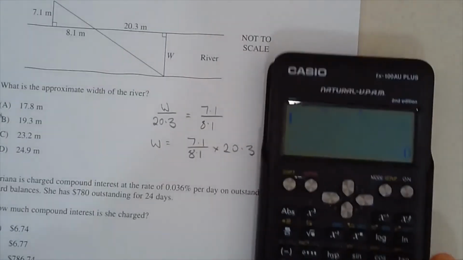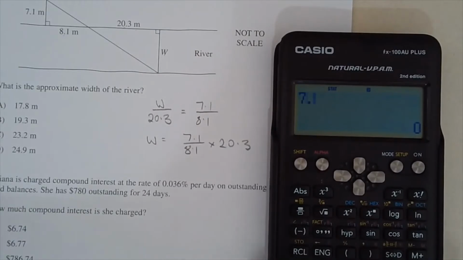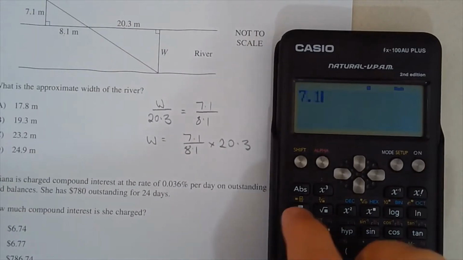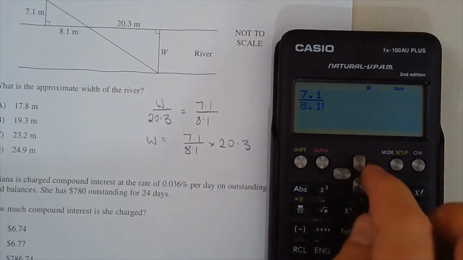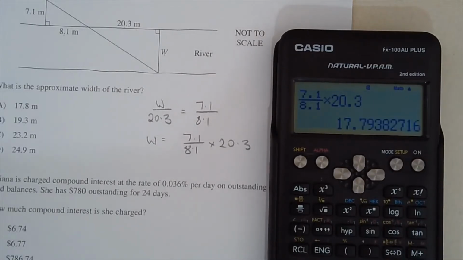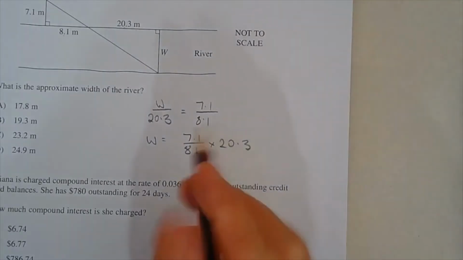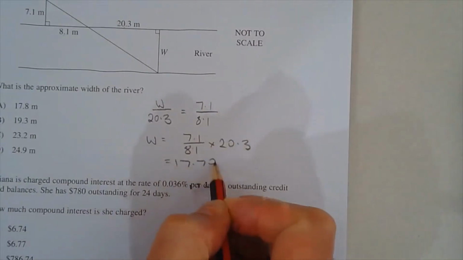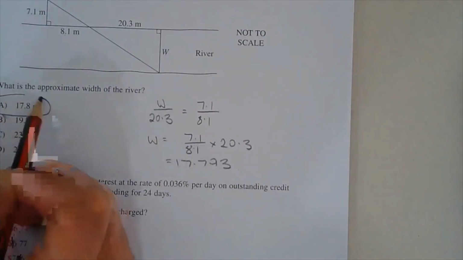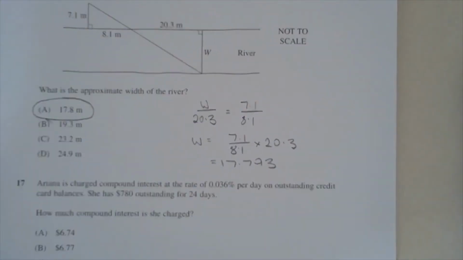So 7.1 over 8.1, just put it in the right mode first, multiplied by 20.3, and we get 17.793. And that's option A.